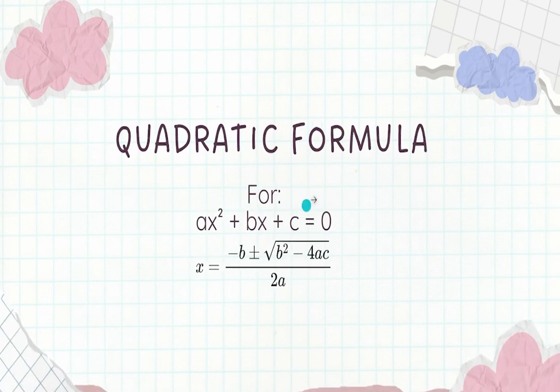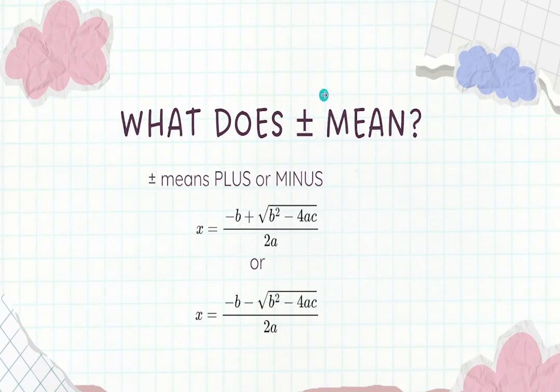Now this is the quadratic formula. Here the standard form is ax square plus bx plus c is equal to 0, and this is the quadratic formula. x is equal to minus b plus or minus root of b square minus 4ac by 2a. Okay, now what does plus or minus mean? Here plus or minus sign means plus or minus.